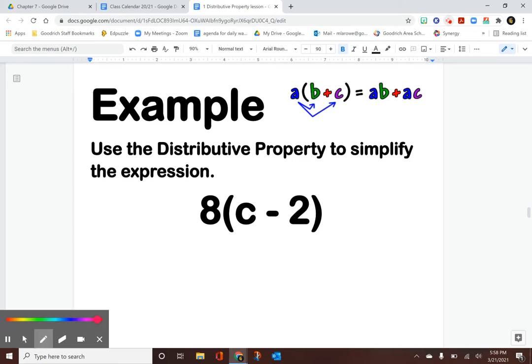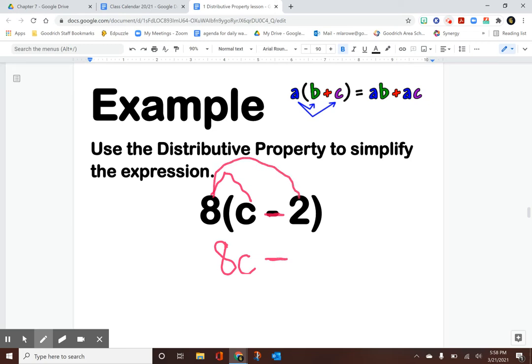Here's my next one. Do 8 groups of c, which just looks like that. This time, though, I'm going to subtract 8 groups of 2. And 8 groups of 2 is just 16. So I end up with a simpler 8c minus 16. And I can't go any farther until somebody tells me the value of c.